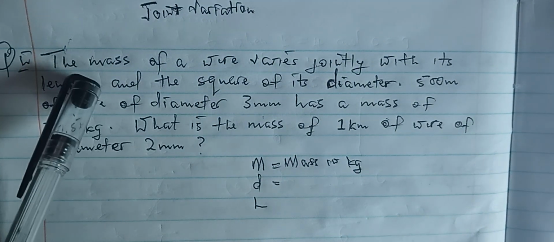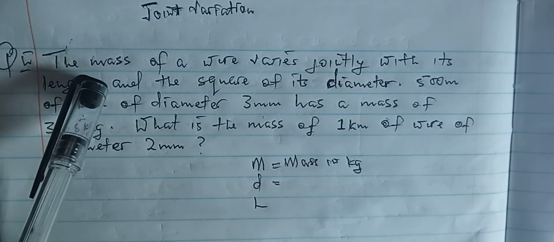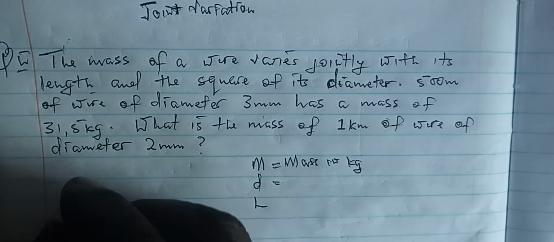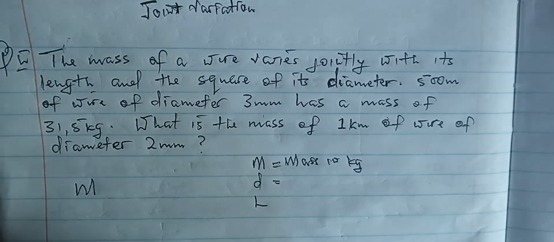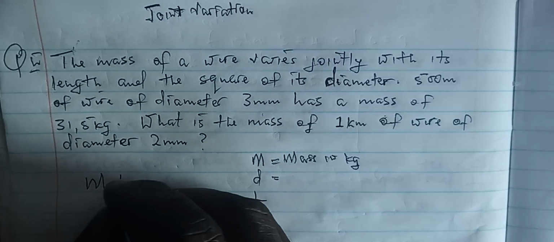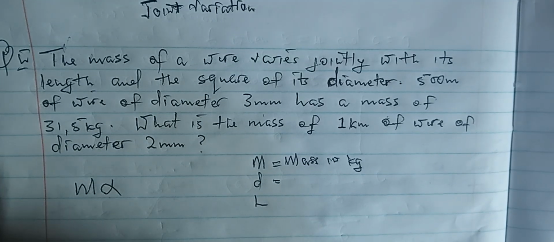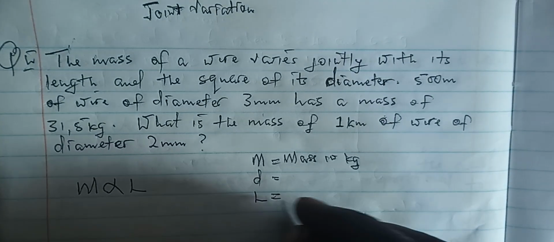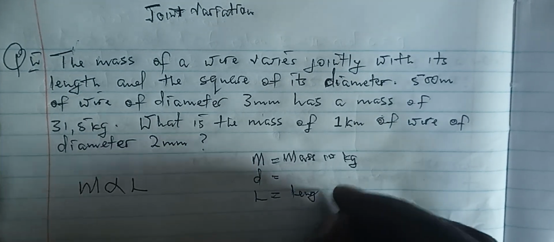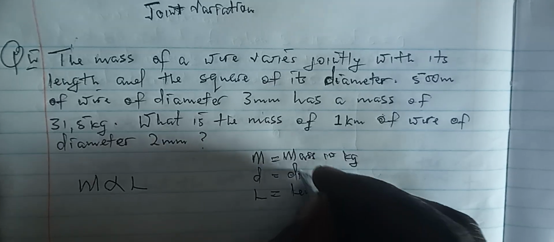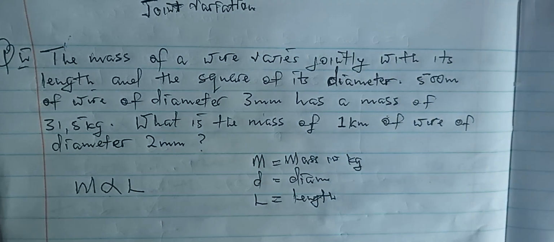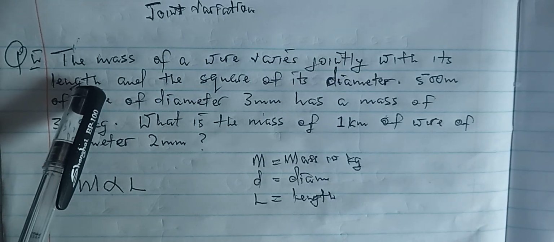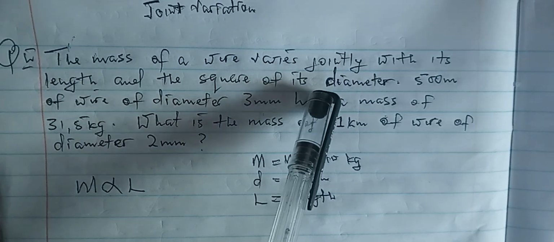So here, if you look at this statement, the mass, which is represented by the letter M in this scenario, the mass of a wire varies jointly with its length, L. We're going to take L as our length, and this one is our diameter, as its length and the square of its diameter.